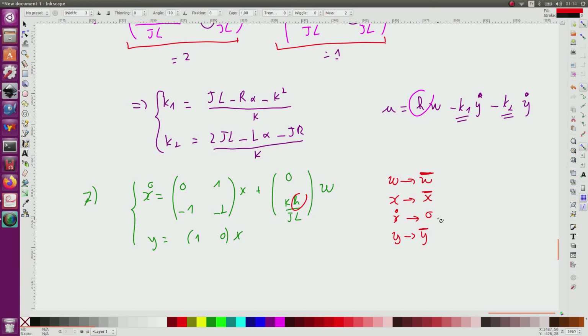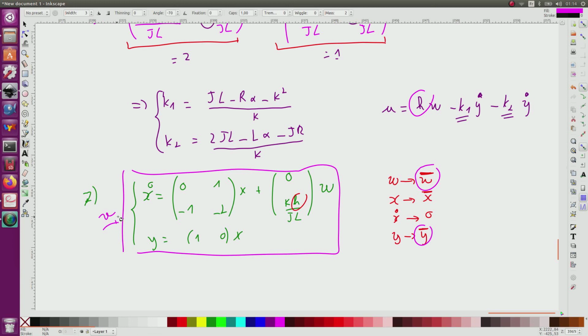What I want is Y bar equal to W bar, because I want a correspondence between the input W, which is the value I want for my pump, and Y, which corresponds to the actual value for the speed of my pump. As a consequence, at the equilibrium, this one is equal to 0, this one to X bar, this one to Y bar.